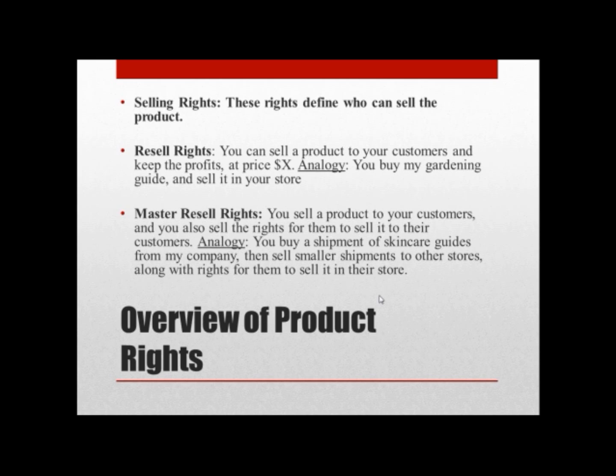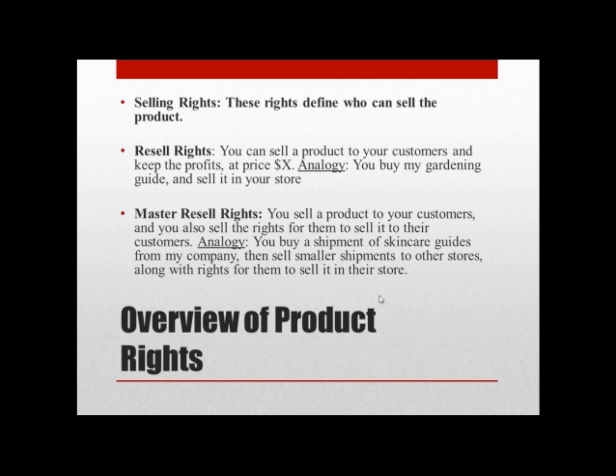If I create a gardening guide called Gardening Guide 2012 and price the product at $9.95, I then turn around and sell you that guide with resale rights, which means you purchase it from me at $9.95, and then you can turn around and sell it in your store. So basically all it would take would be one sale from one customer for you to break even on my guide. Then anything after that is profit for you.